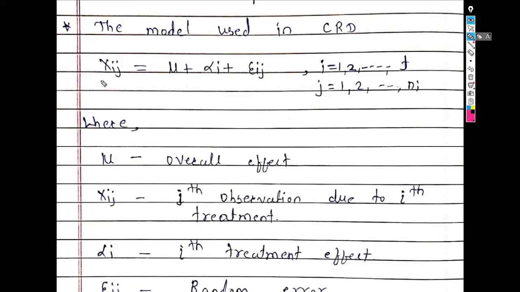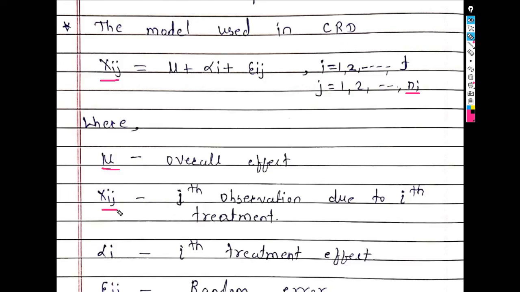The model is Xij equals mu plus alpha i plus epsilon ij, where i runs from 1 to t and j runs from 1 to ni. Here t means the total number of treatments which we consider for comparison, and ni means the ith treatment size, or number of observations in the ith treatment, where mu is the overall effect and it is a constant term.